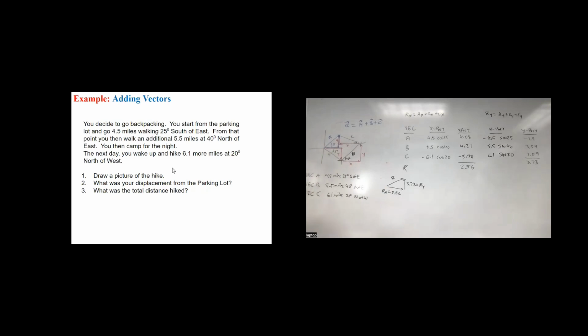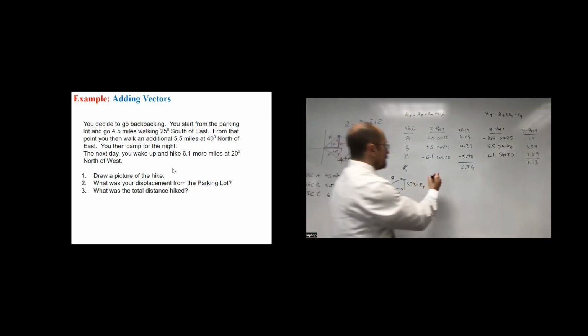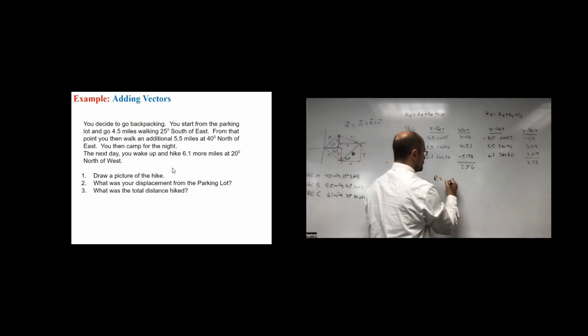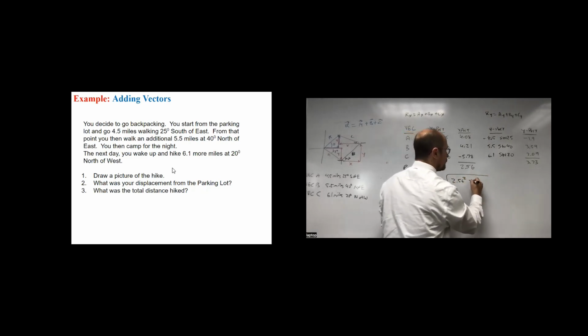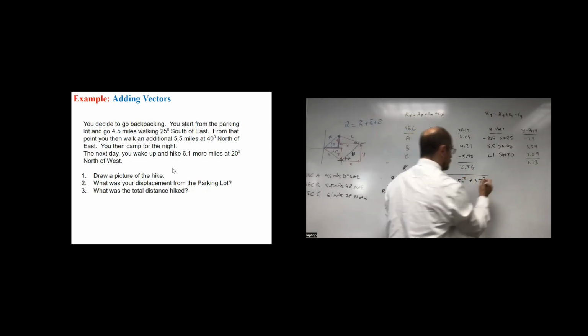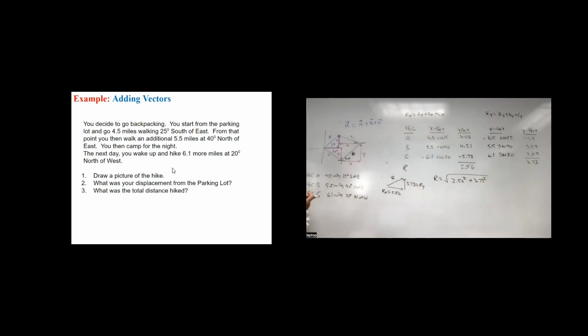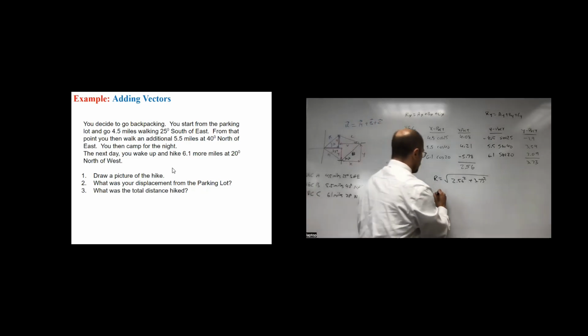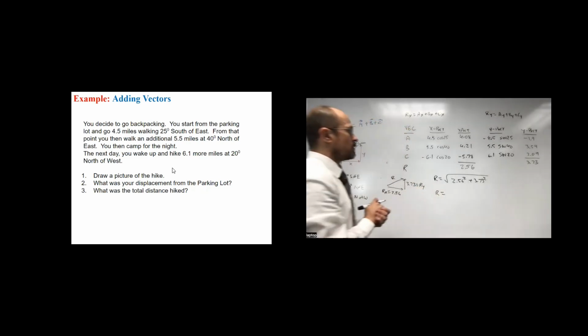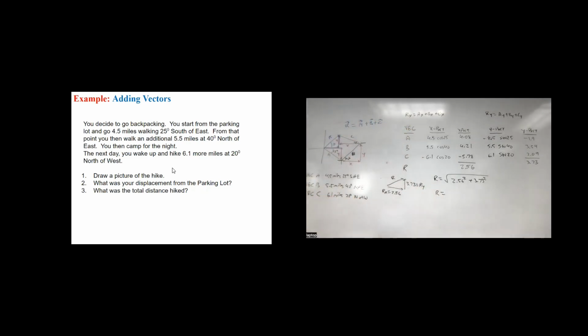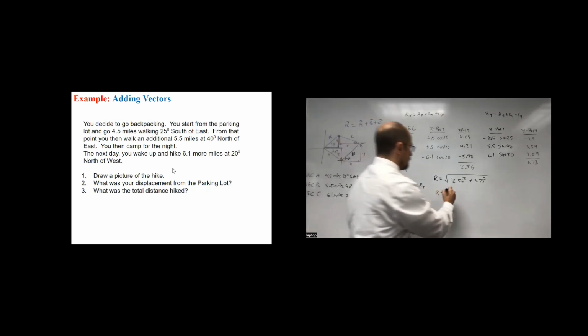Then to get R itself, we remember that R is the square root of 2.56 squared plus 3.73 squared, because we built a new triangle out of R. And what did we get for this? 4.5.